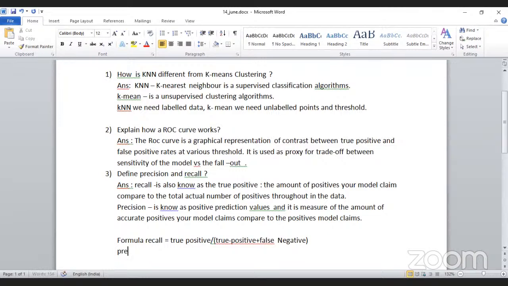What is the precision formula? It is true positive divided by true positive plus false positive.